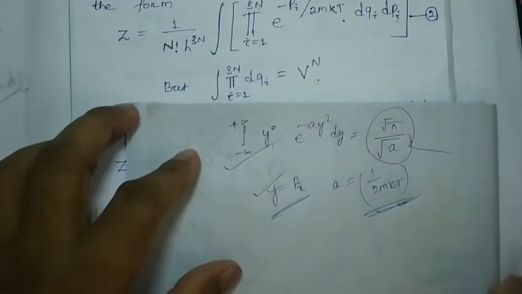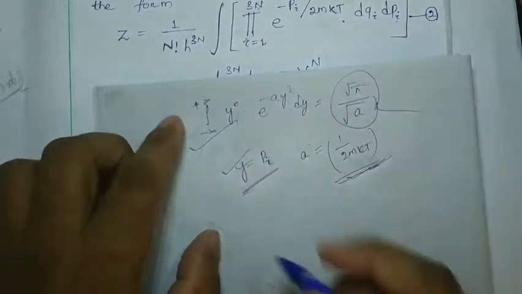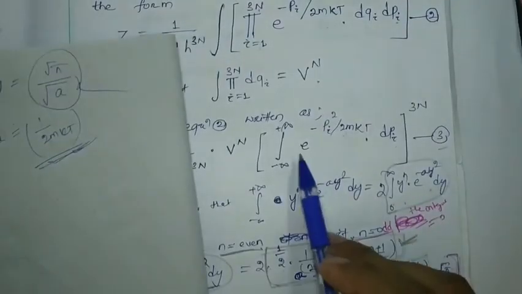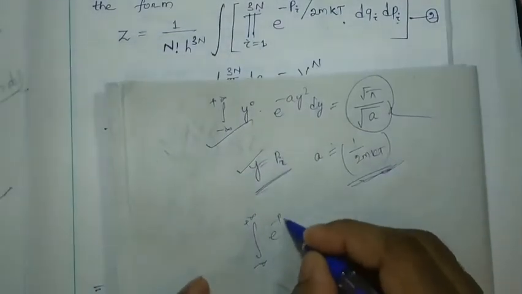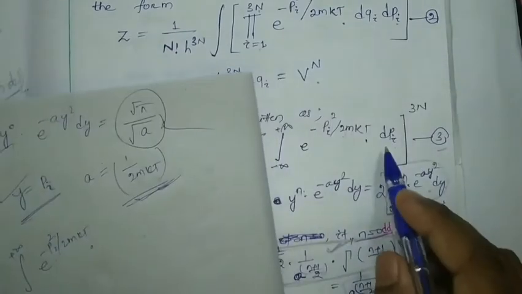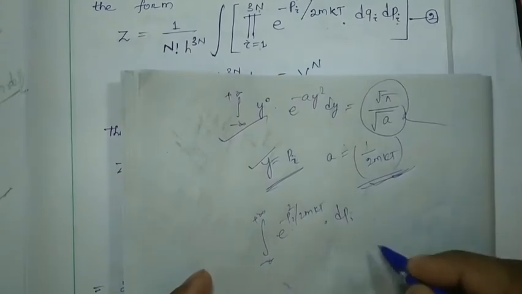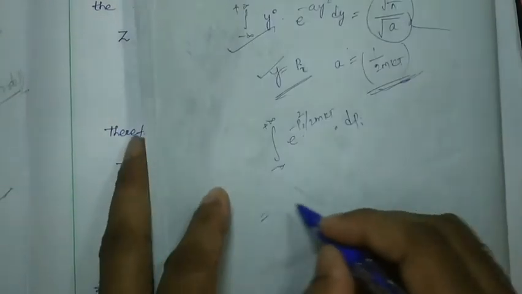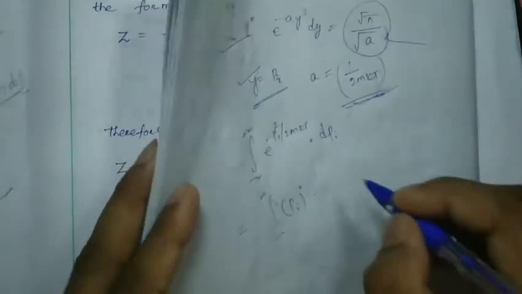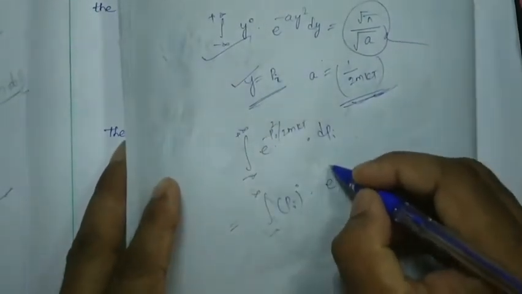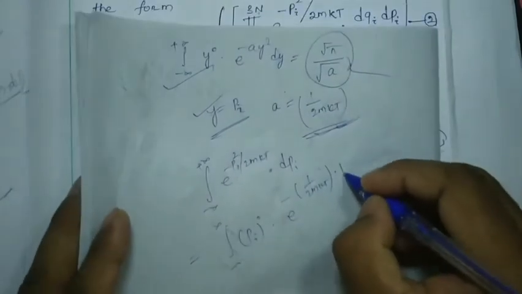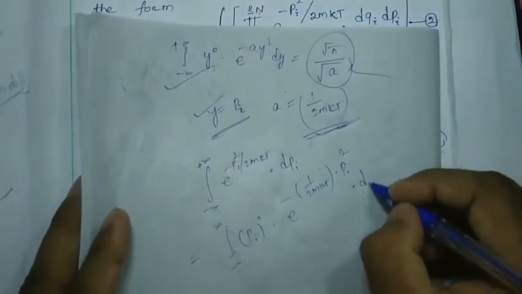So hence the integration from minus infinity to plus infinity of e to the minus p square by 2m kT into dp can be written as the integral from minus infinity to plus infinity of p to the power 0 into e to the power minus 1 by 2m kT into p square into dp.